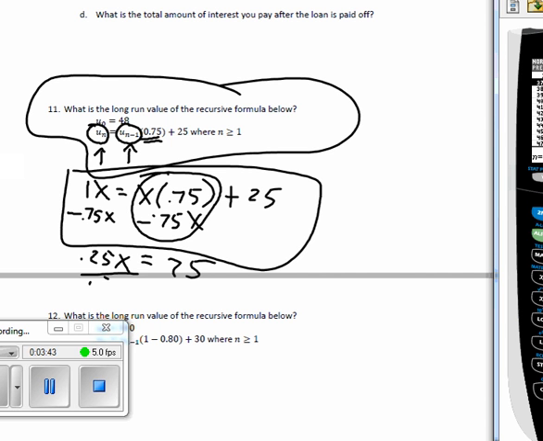Divide by 0.25. Divide by 0.25. And this one will bother some people. 25 divided by 0.25. I would encourage you to just say, okay, I'm not sure exactly what that means, but I'm going to think it through and go, well, divided by 0.25, that 0.25 is the same as 1/4.